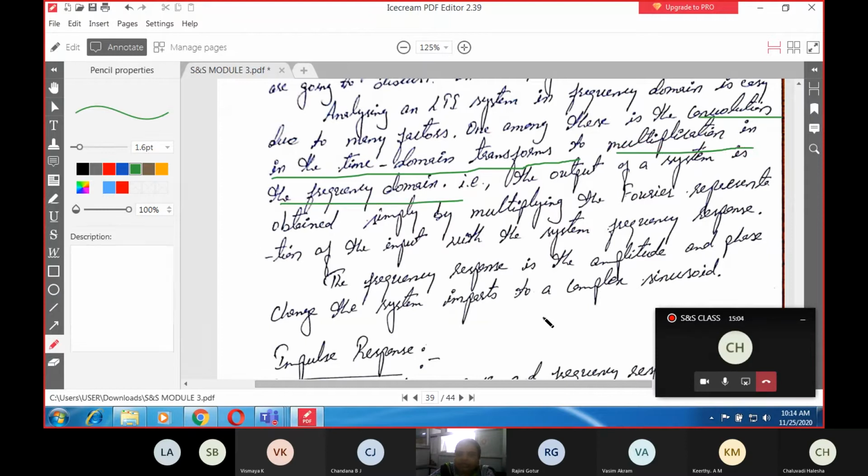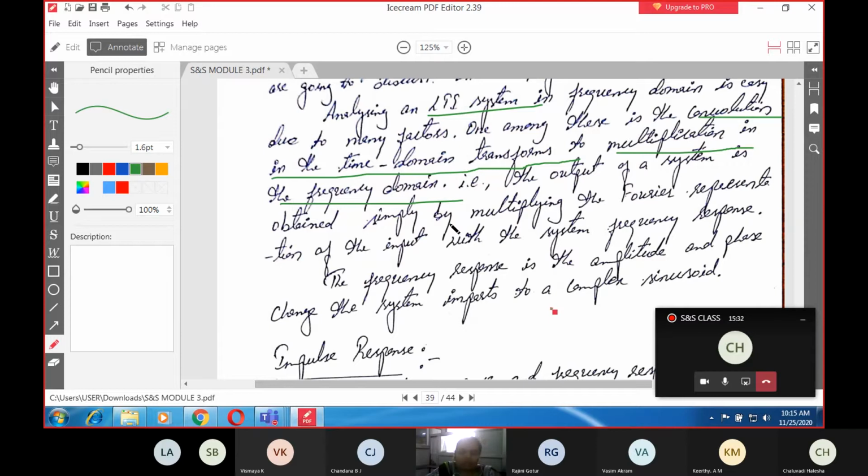In the properties, we come across that x of t convolution with y of t is going to be Y of j omega, right? That is the main importance when I am using my LTI system. The output of the system is obtained just by multiplication of the Fourier transforms.